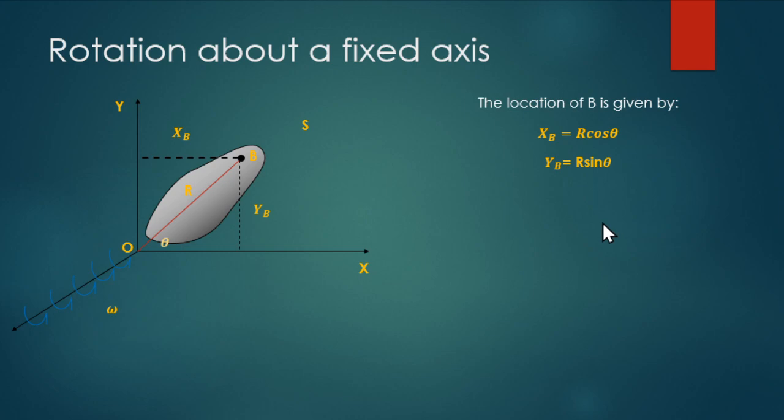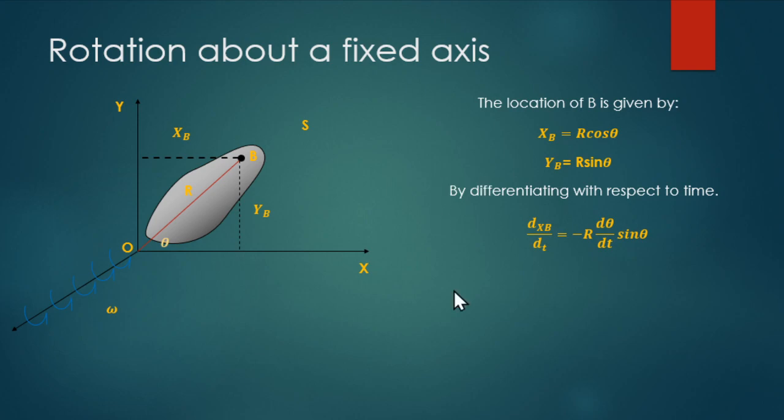By differentiating with respect to time, the derivative of x sub b, dx sub b over dt, is equal to negative r, and the derivative of cosine theta is negative sine theta.